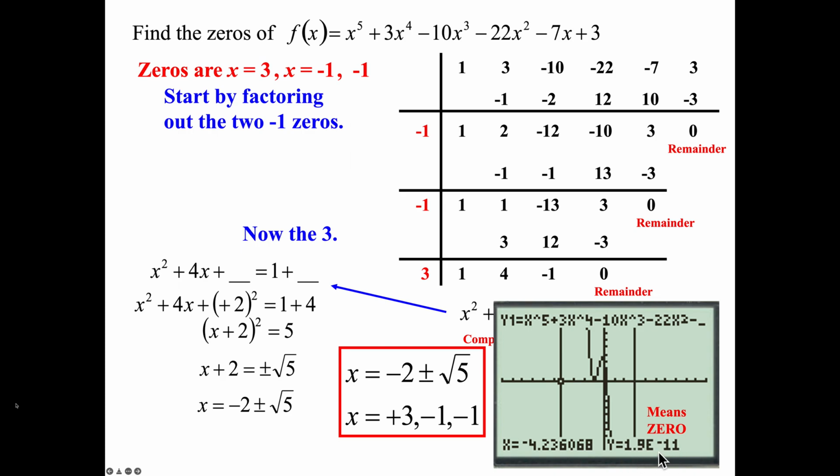That's a 0. So anytime you see this E with a -11 or a -12, it's a 0. It's just a rounding error in the calculator. If you want, you can test -2 plus the square root of 5. That will land right here. But again, if one works with the plus or minus, the other one also has to work.